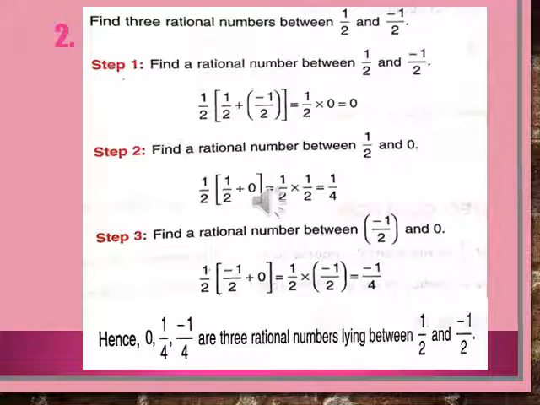So in all three steps we got three different numbers that lie in between the two given numbers, and hence 0, 1/4 and -1/4 are the three rational numbers lying between 1/2 and -1/2.